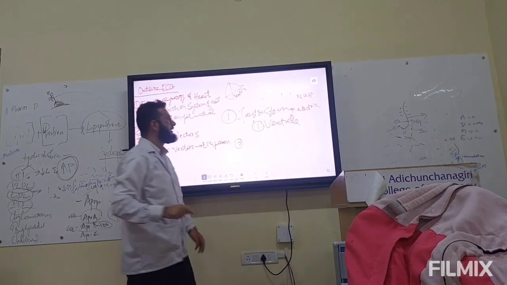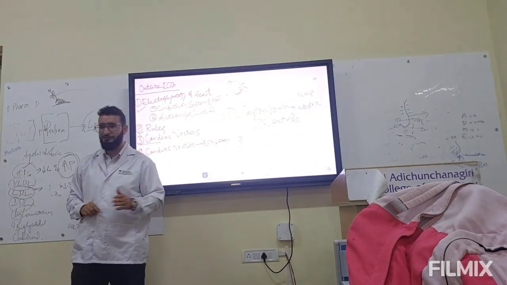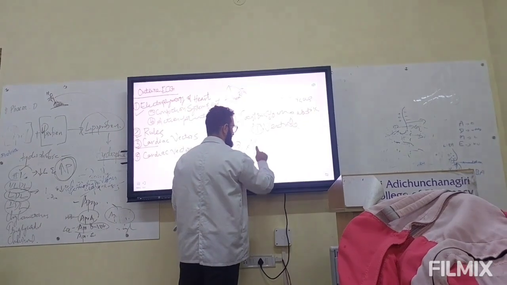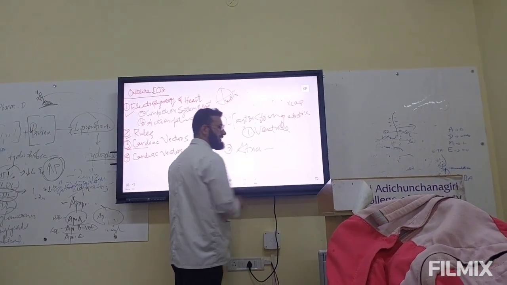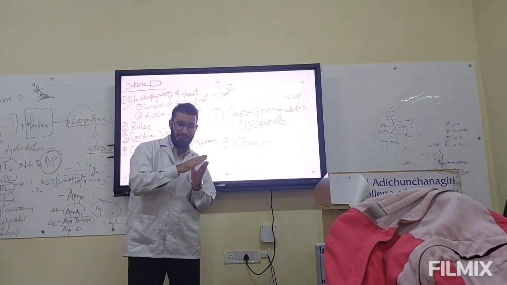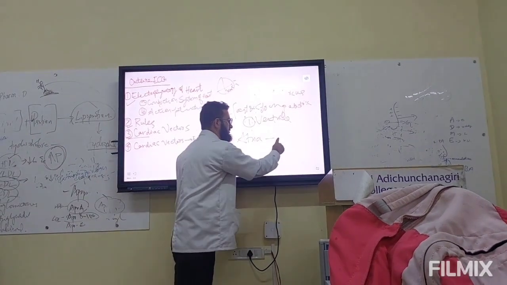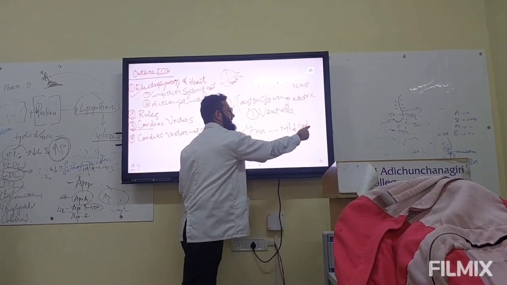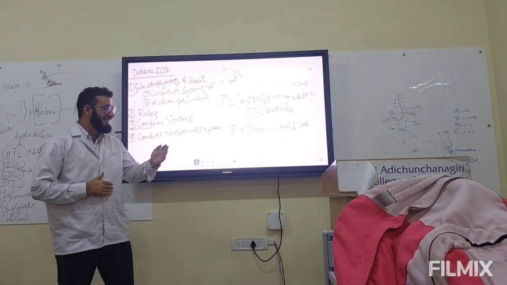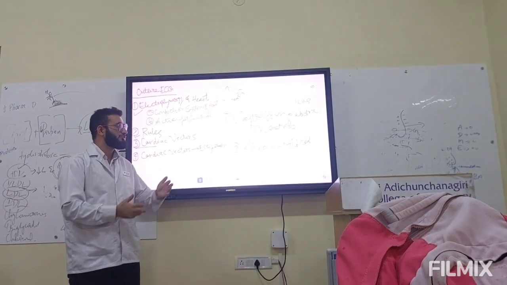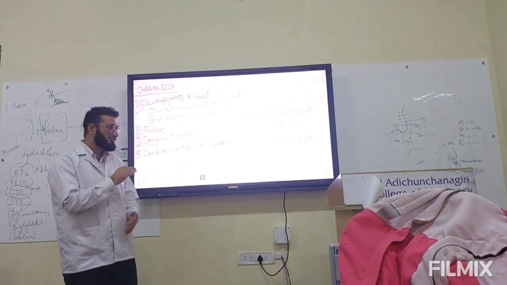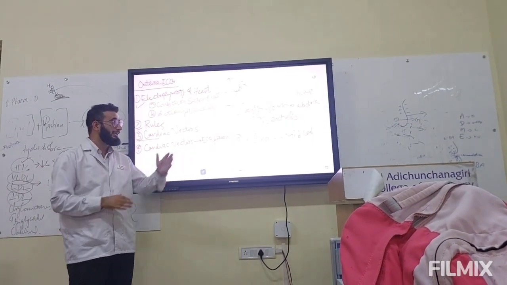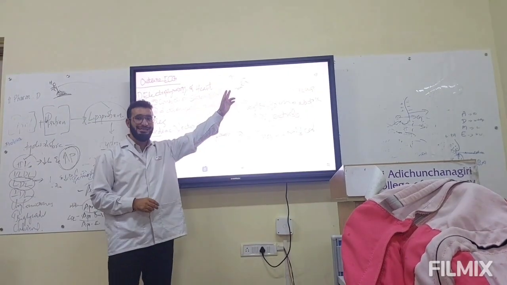Second one is the atria. The atria is a mild conductor, which means it transmits electrical current slowly as compared to the ventricle. It's not going to generate as much current as the ventricle because the size of the atria is less.